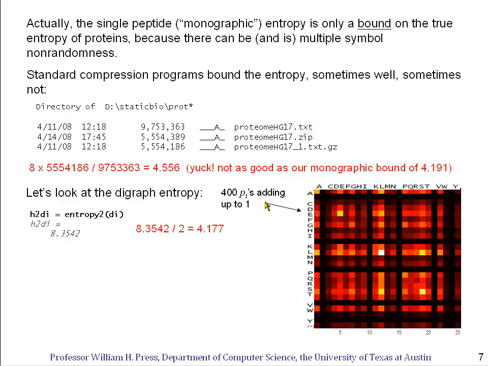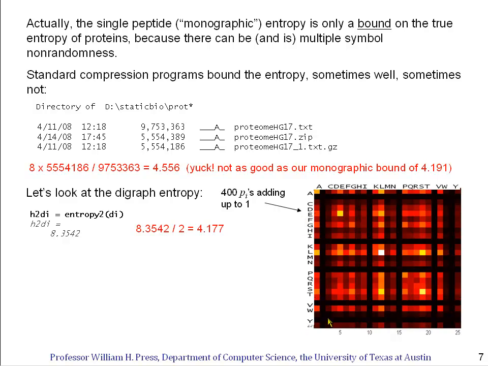Here I'm displaying graphically a table of 400 numbers, that is to say 20 amino acids by 20 amino acids. And as a heat map, it shows probabilities that should all add up to 1. And it's the probability of a digraph, that is, a certain amino acid, one of these symbols up here, followed immediately by a second amino acid, which is one of these symbols down here.